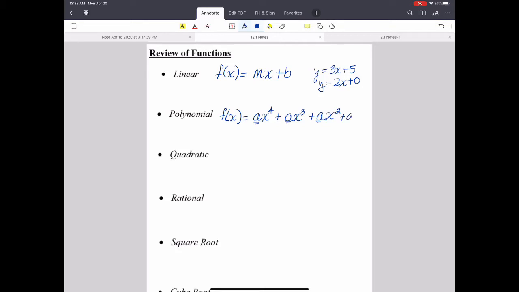A quadratic function takes the form we were doing before, ax squared plus bx plus c. So the highest degree of a quadratic function is only x squared, whereas a polynomial function can have any degree. The other thing is the coefficients; you want those to be real numbers.